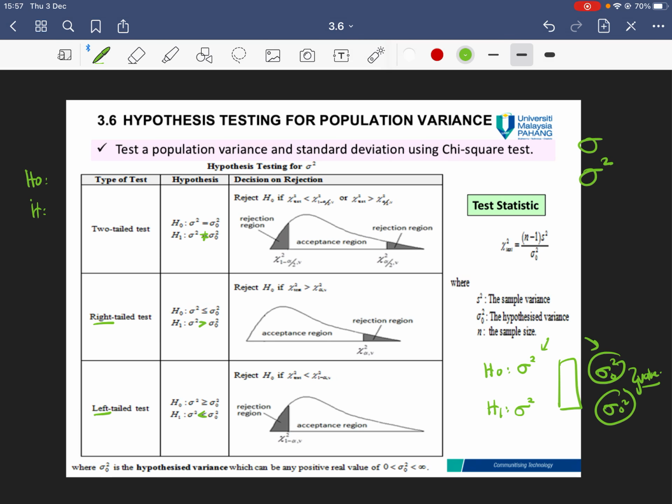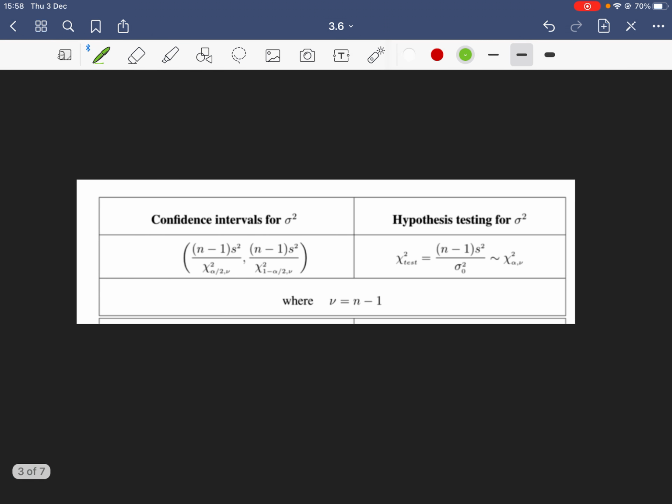It is no longer alpha over 2 with negative and positive sign. You will have a skewed to the right distribution. For the test statistic, like in your confidence interval, you will not use the Z or T because Z or T is symmetrical, bell shape, a normal distribution. Now you will have a chi-square test.